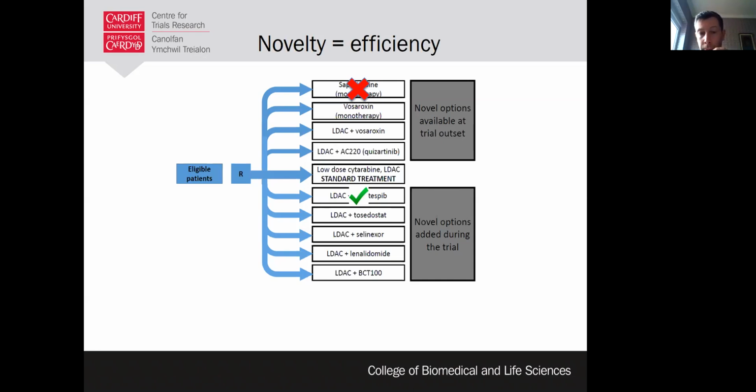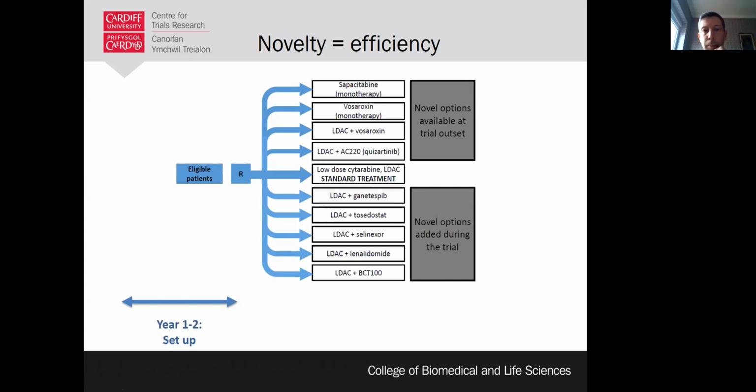So this trial was set up in 2010. Over the course of the last 10 years, we have pretty much moved from the options that were available at the trial outset, above standard treatment here, and added in all these new drugs. So the assessments have been pretty much on an annual basis.